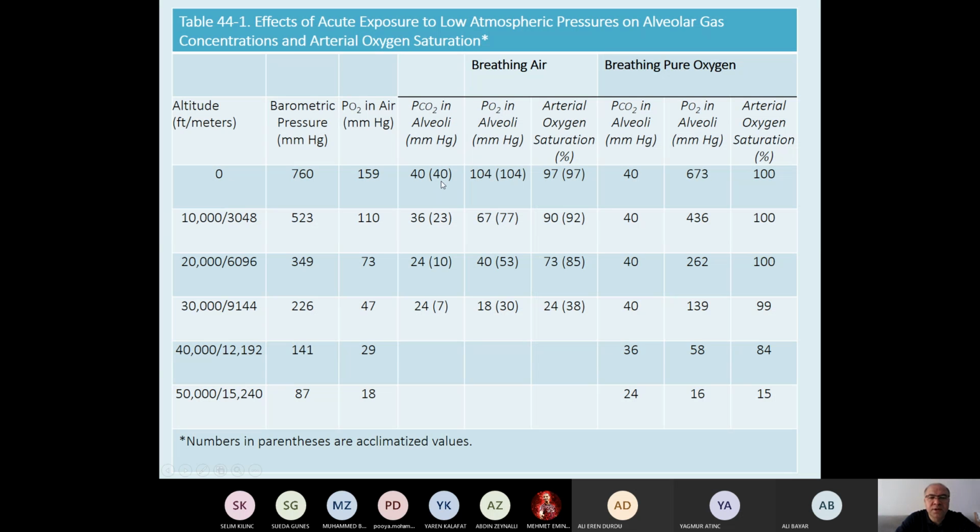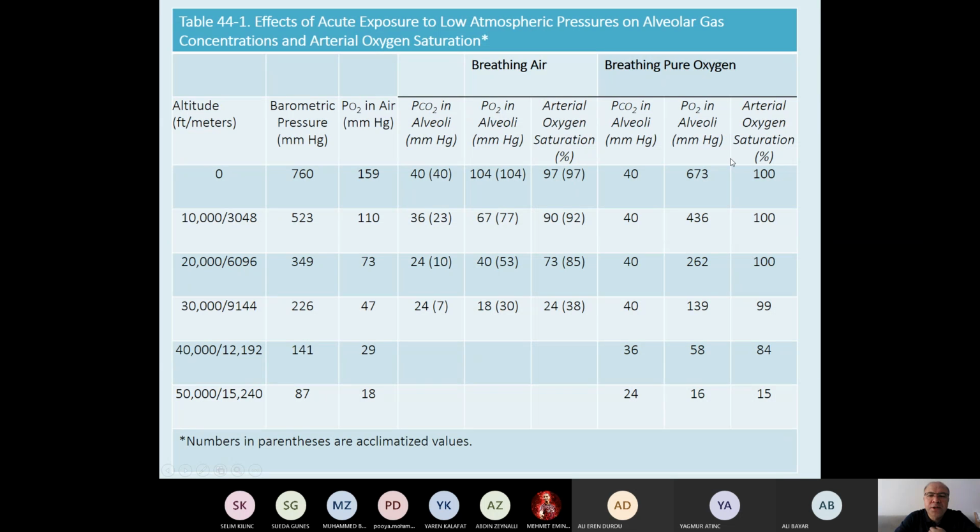Okay, and then there is carbon dioxide coming from the tissues by venous blood to the lungs continuously, and its concentration is 40 millimeter mercury, and its concentration is almost zero in the air. And saturation of oxygen is 97%.